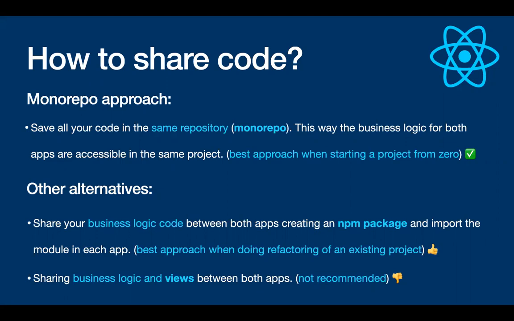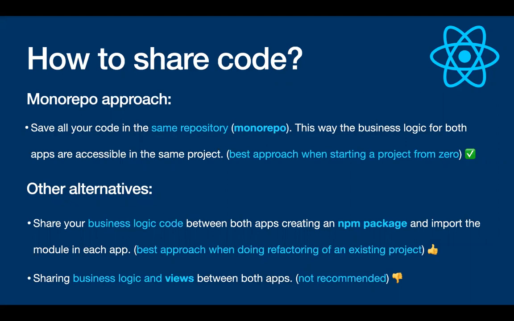So, we have different approaches to share code. There isn't a good or a bad approach. We just have to evaluate each situation in which we need to share code. For example, a really useful approach, the one that I will be showing in this presentation, is the monorepo approach.